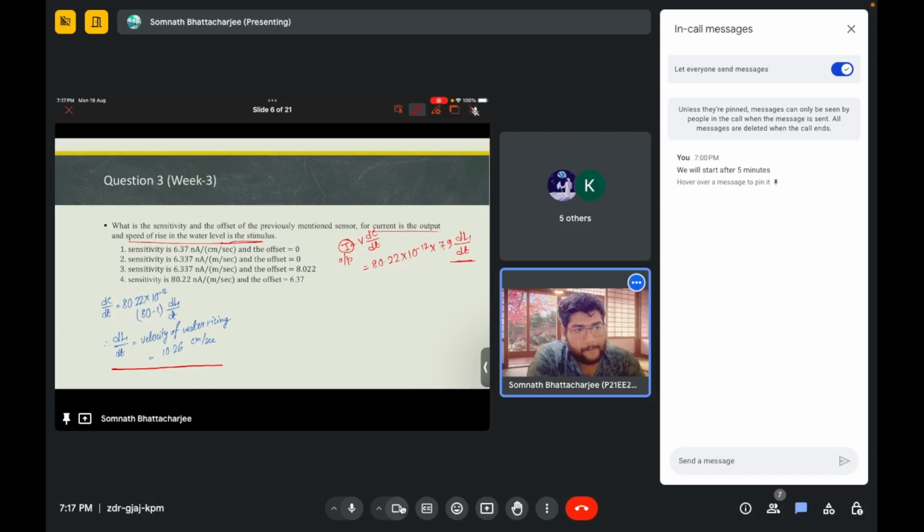So nothing but 80.22 into 10 to the power minus 12 multiplied with 79. So 6.33738 into 10 to the power minus 9 will be the sensitivity we require. So are there any problems? Yes. So here we found the value. Now we need to know the offset.